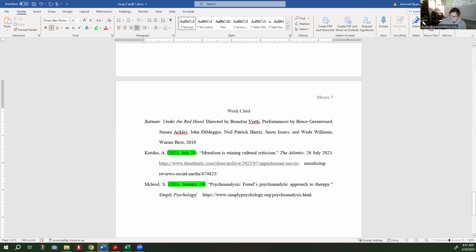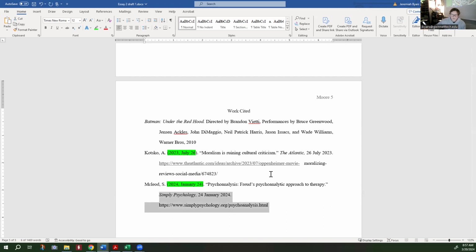And then after the italics, comma, you should have when it was published, 24 January 2024. It's just doing that because it's justified, which is fine. If this was just left aligned, it would look like that. It doesn't really matter.